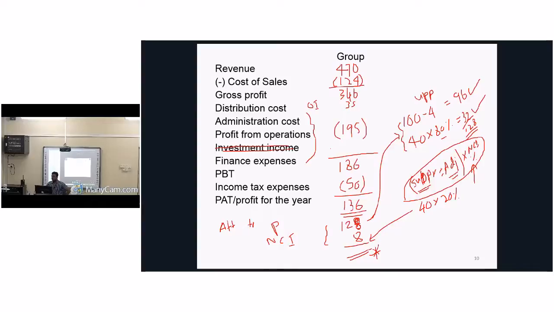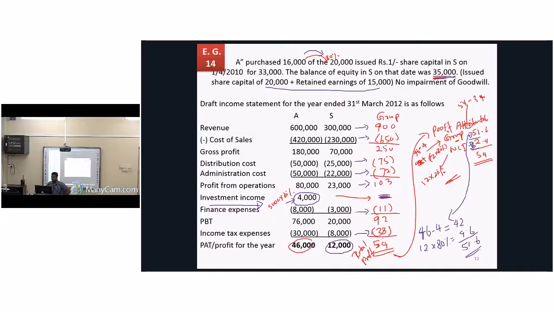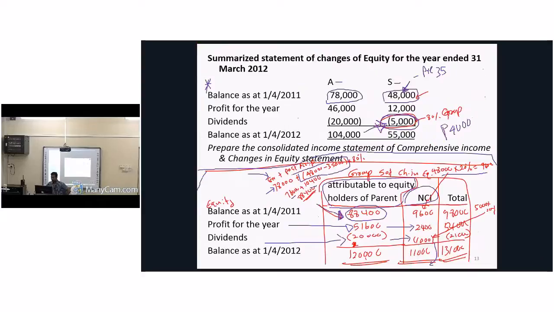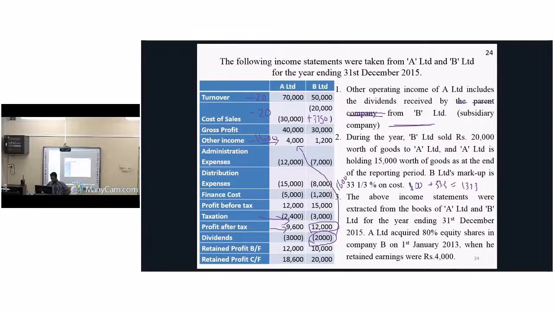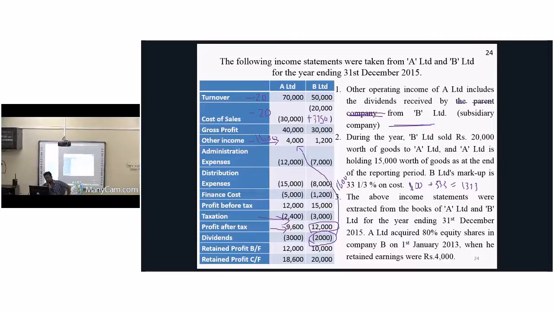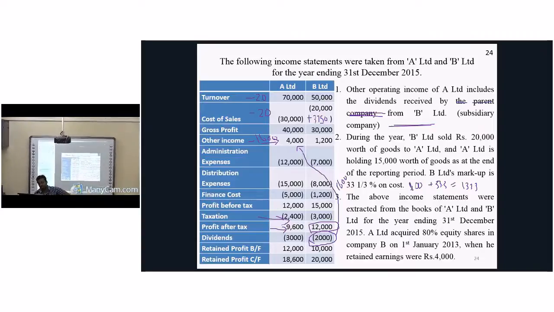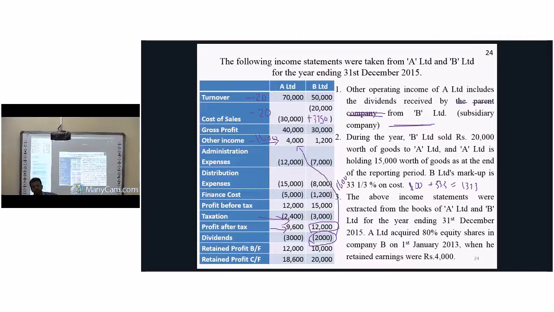In this question we learned how to incorporate intercompany sales and purchases. There we learned intercompany sales and purchases should be eliminated in full. Also we learned if there is any unrealized profit, whether the parent sells to the subsidiary or the subsidiary sells to the parent, we do the same: we add it to cost of sales.